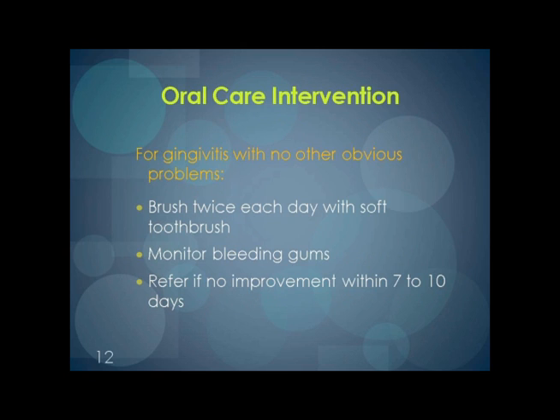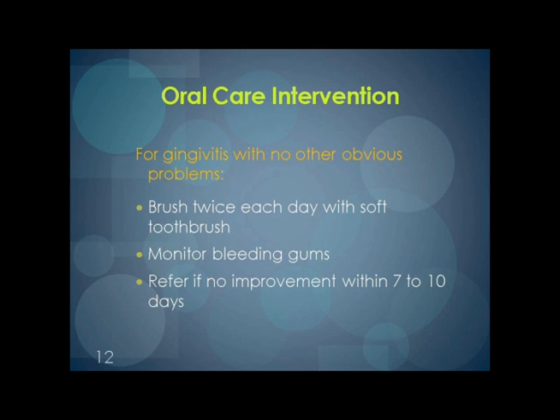The oral care intervention or action required. You want to continue brushing teeth, gums, and tissues of the mouth with a soft toothbrush twice a day. Brushing teeth, gums, and tissues of the mouth is an essential first step to improving oral health.